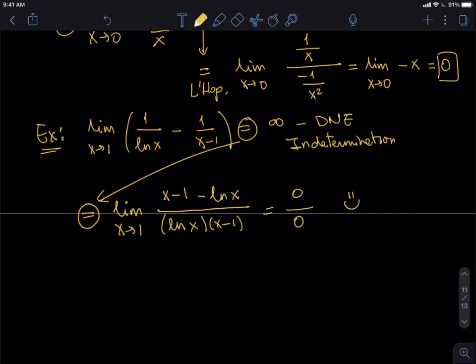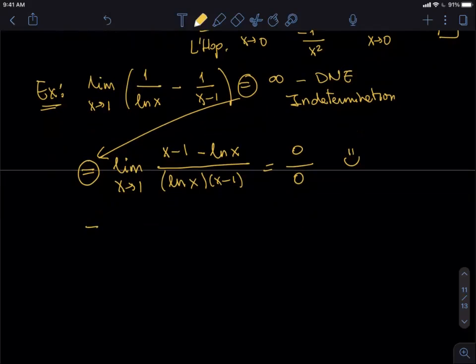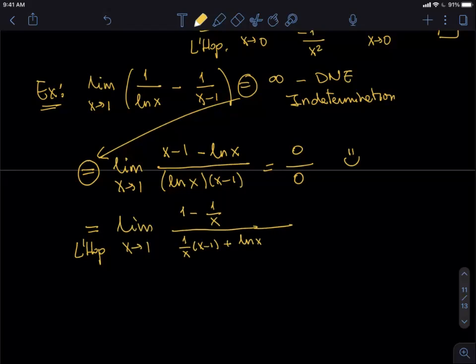And this is one of the L'Hopital cases. So here we can apply L'Hopital, limit as x tends to 1, the derivative of the numerator is 1 minus 1 over x divided by, here we need to apply the product rule, 1 over x times x minus 1, plus logarithm of x times 1.